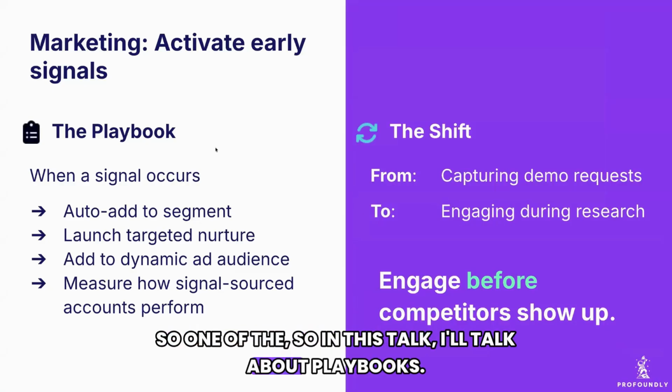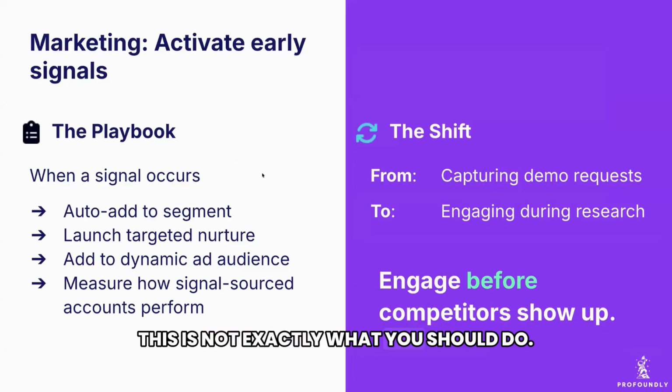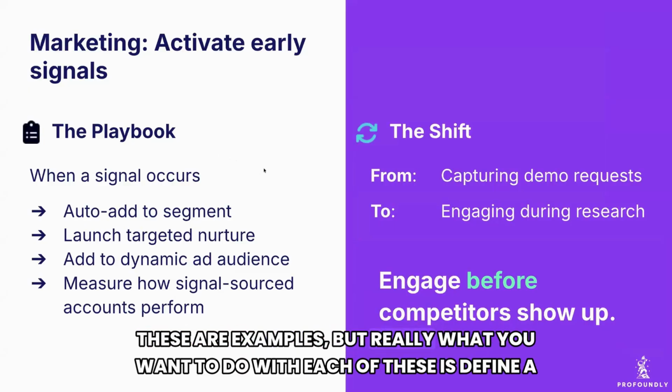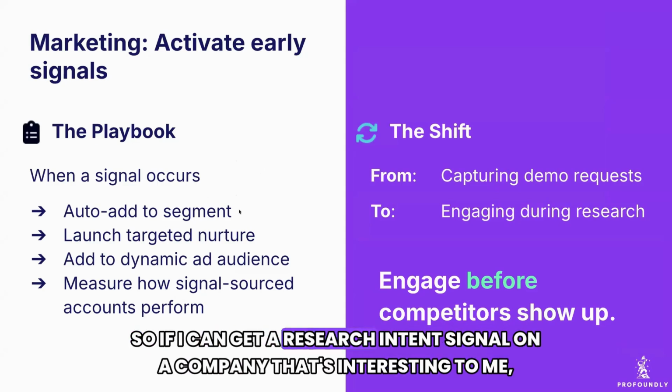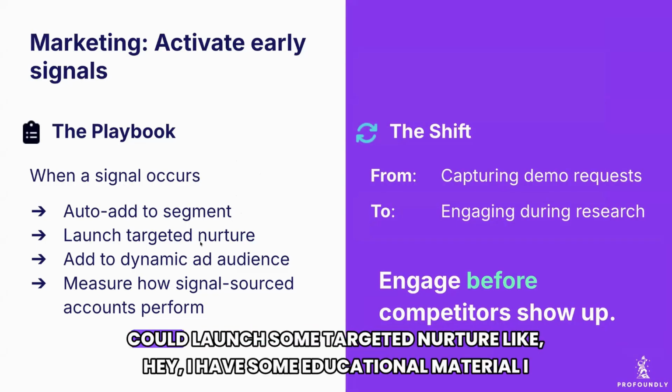In this talk, I'll talk about playbooks. This is not exactly what you should do. These are examples, but really what you want to do with each of these is define a playbook. If I'm going to implement this signal, what am I going to do with it? So if I get a research intent signal on a company that's interesting to me, I could auto add it to a segment, could launch some targeted nurture, like, hey, I have some educational material I could send out.